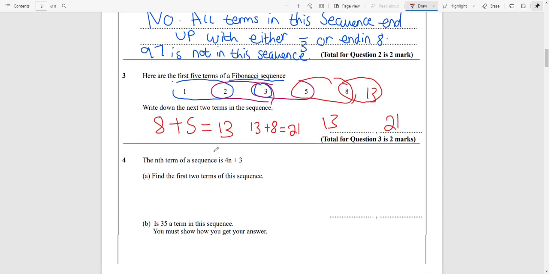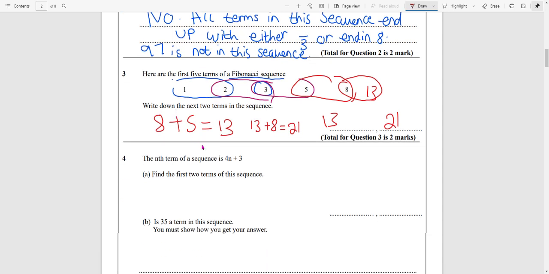Question number 4. The nth term of a sequence is 4n plus 3. Find the first 2 terms of the sequence. Okay, so we're going to substitute 1 into the nth term. We're going to do 4 times 1, and that's 4. 4 plus 3 is going to equal 7.